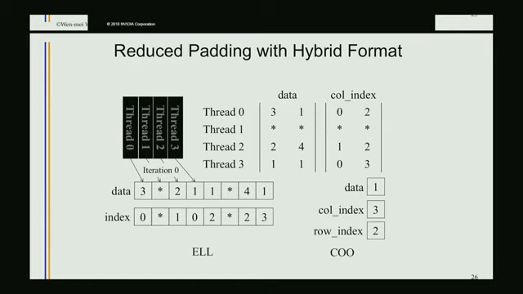Row 1, which originally had all zeros, we'll just store as padding. And we had one outlier, which we're going to store in COO format. That is data 1, column index 3, row index 2. So we end up reducing the amount of padding. Everything looks good.